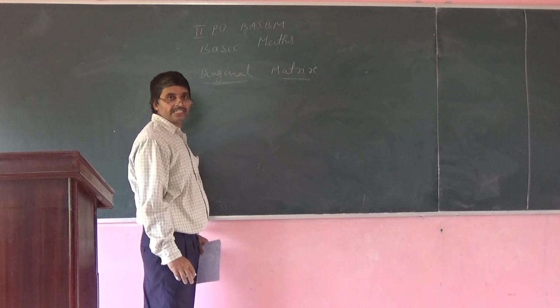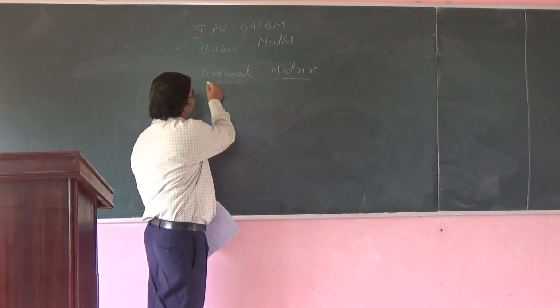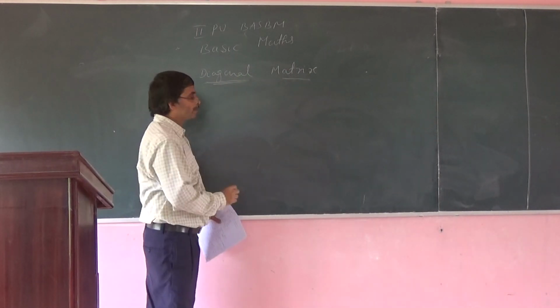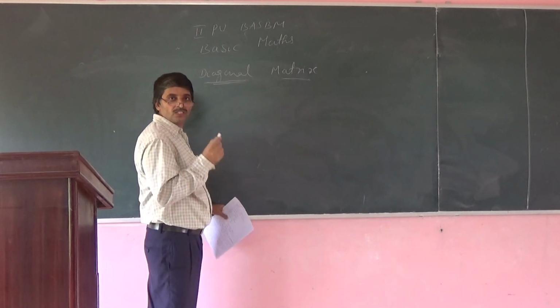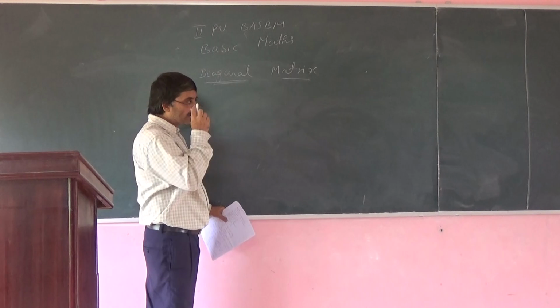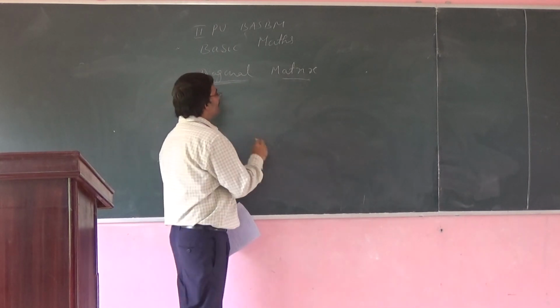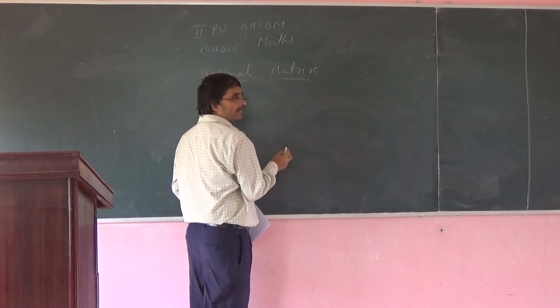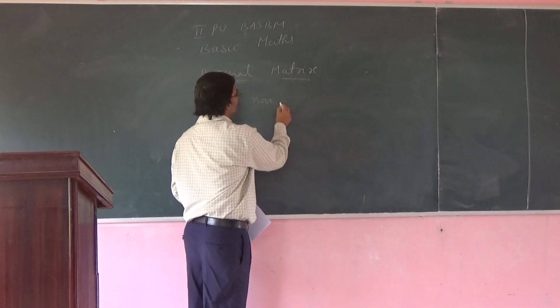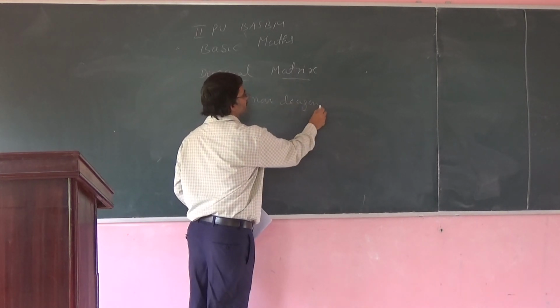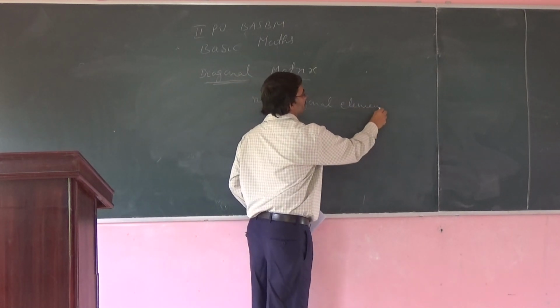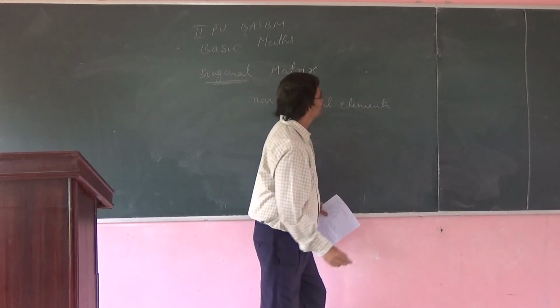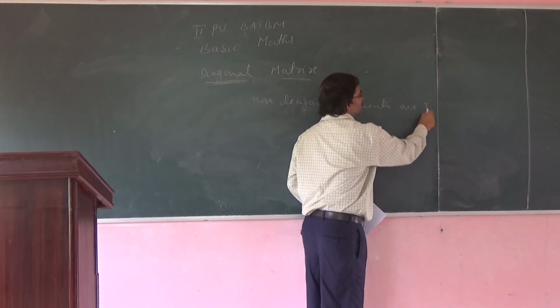What is a diagonal matrix? A diagonal matrix is a square matrix. Basically, a diagonal matrix is a square matrix where non-diagonal elements are zeros.